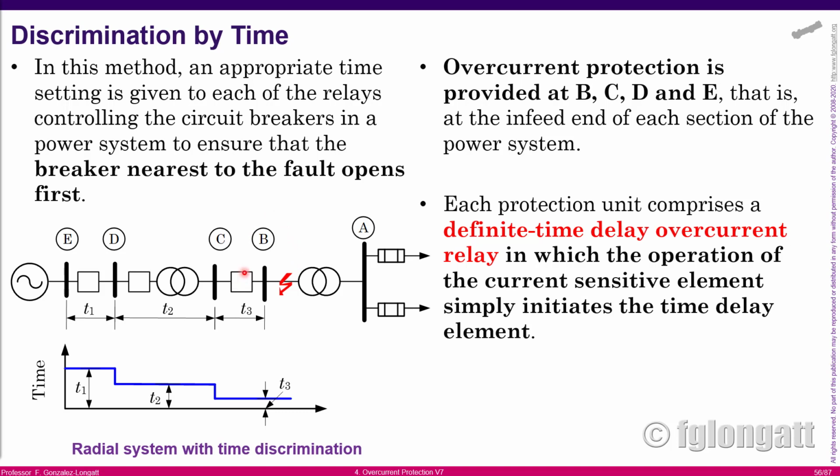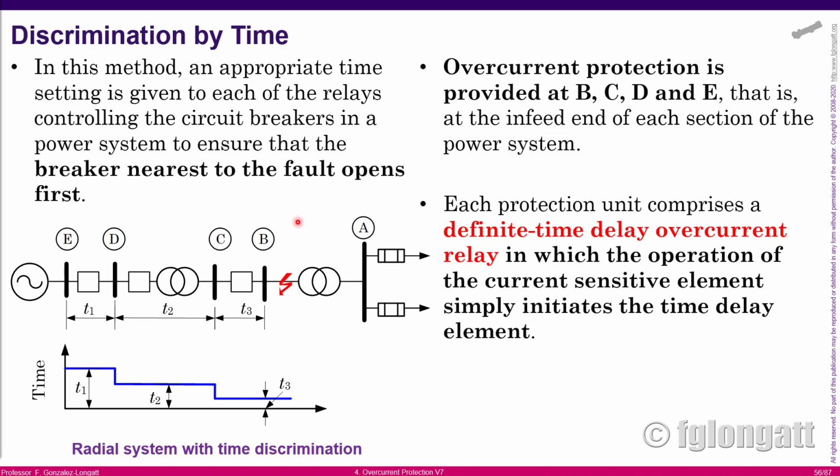And then the next circuit breaker to operate must be the next one upstream. And if anything goes wrong, then the next circuit breaker to open is between E and D. Well, how do we solve this problem?